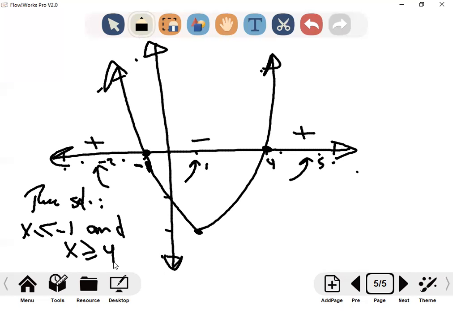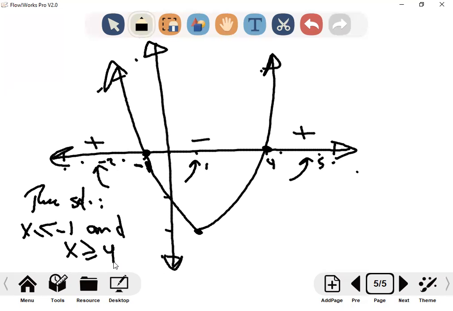What's the solution? Any value less than negative 1 is a solution. Any value more than 4 is a solution. So we don't have only 2 solutions here. We have what? Infinitely many solutions. Give me any value more than 4. Any value. 6, 7, 9, or even 4.1. It will be a solution.